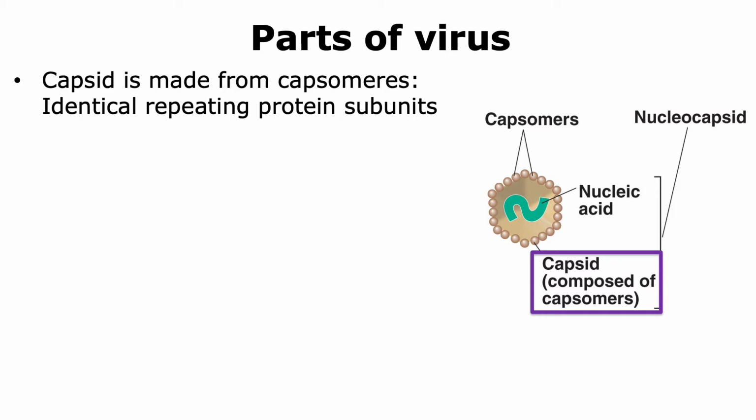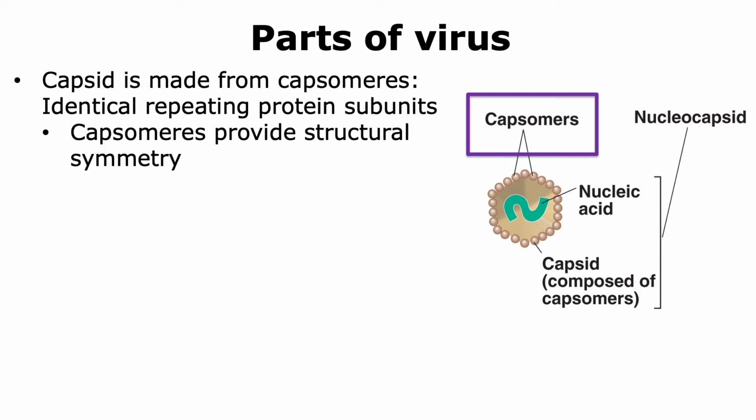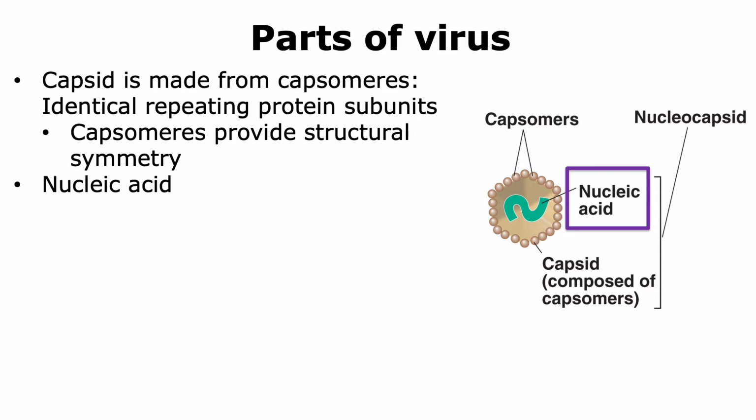Now this capsid is made up of these identical repeating protein subunits, which are called capsomeres. Since they are identical repeating subunits, capsomeres provide structural symmetry to the virus. Now this capsid encloses the nucleic acid of the virus.